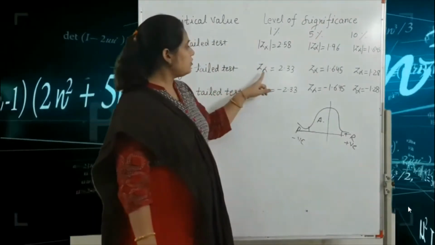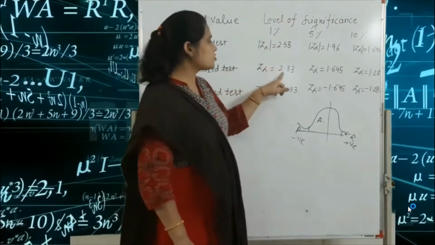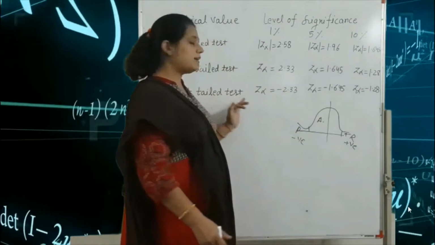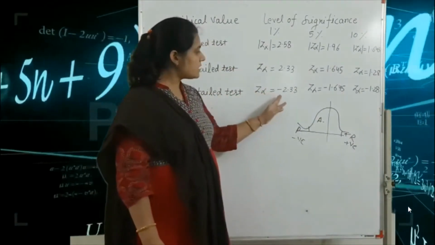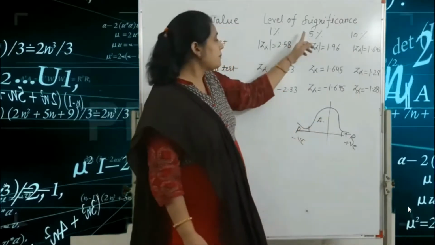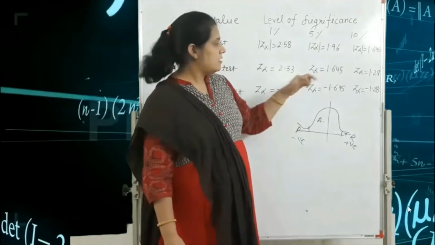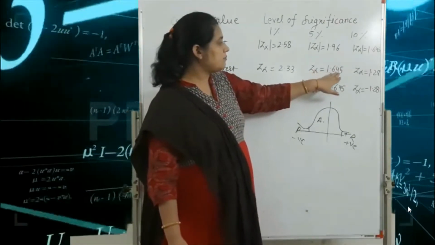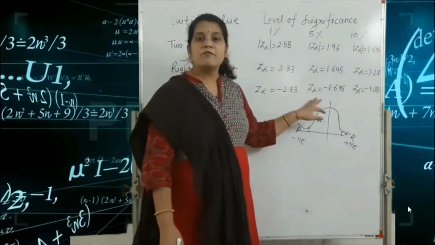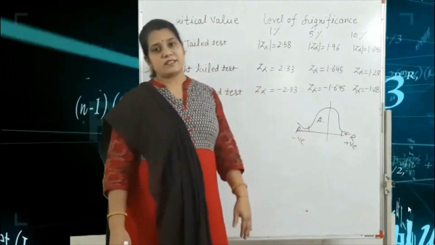Okay, next one is the right tail test. The value of Z alpha at the 1% level of significance is plus 2.33, and in the left tail test Z alpha is minus 2.33. At 5% level of significance, for the right tail test the value of Z alpha is 1.645, and for the left tail test it is minus 1.645.